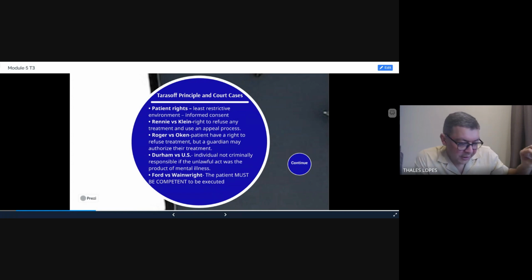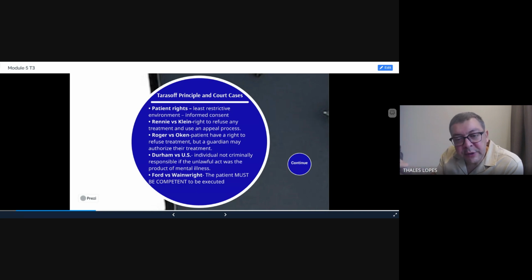Early in the presentation, module 1 or module 2, I said the patient has 3 rights, and one of them is informed consent. What are the other 2 rights of a patient? Least restrictive environment, right? We'll cover another one in a second, just don't want to jump the gun here.